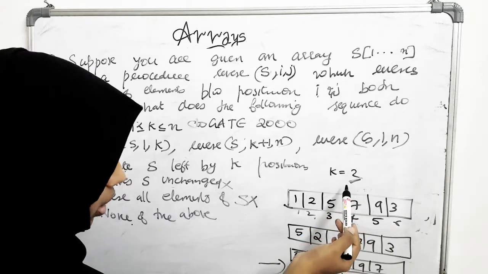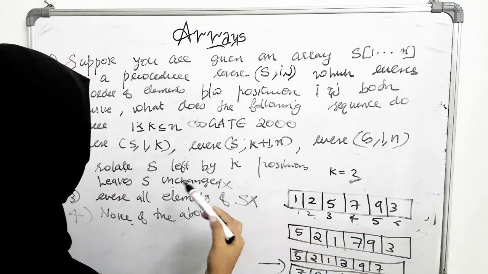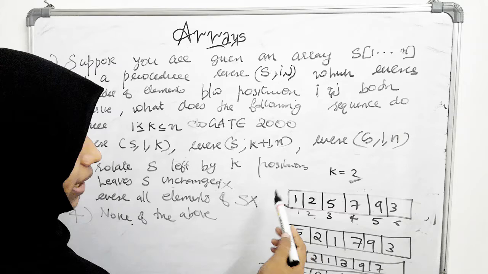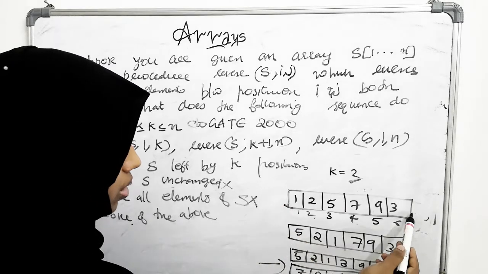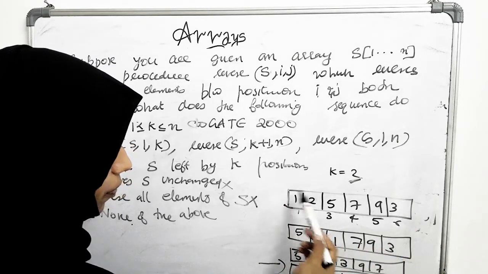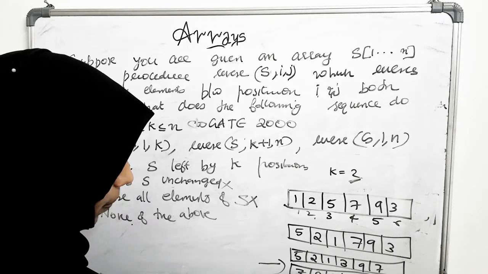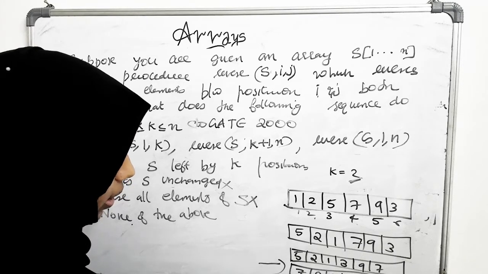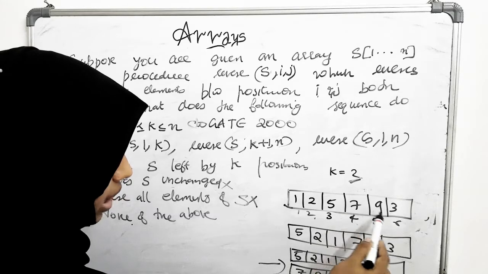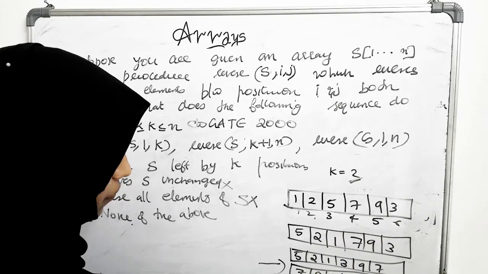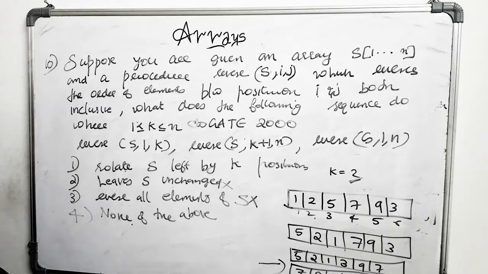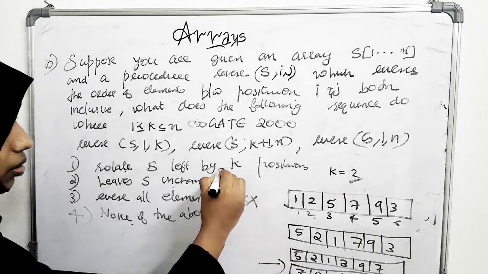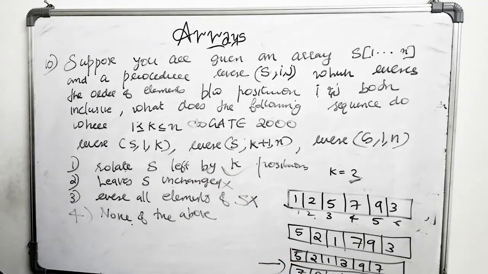So k is taken as 3. Rotating left by k positions means 1 will go to the end, 2 will move to the end and 5 will move to the end. That is what happened here: initially 1 moved to the end, then 2, and then 5. So 7, 9 and 3 were left shifted by 3 positions. This is what we got, so the first one is the answer.